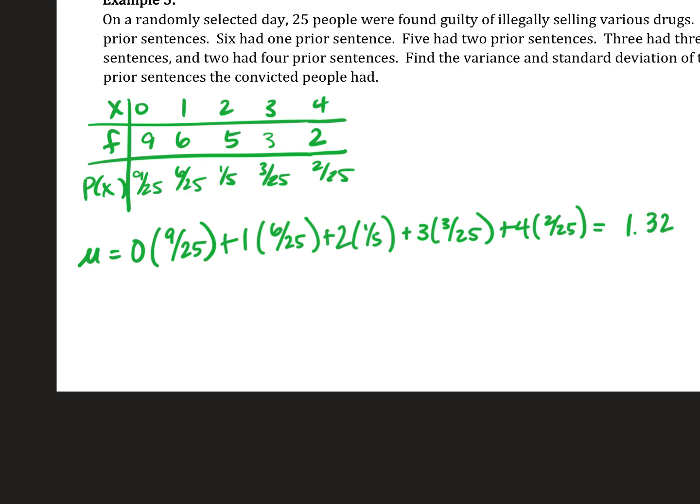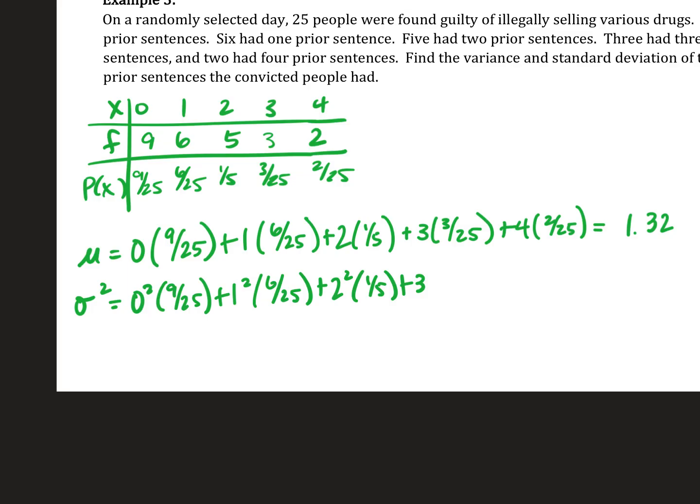All right, so remember finding standard deviation. Sorry, not standard deviation. Variance first. So we're going to square x times the probability and add them up. So this looks very similar to how you find the mean, with two differences.